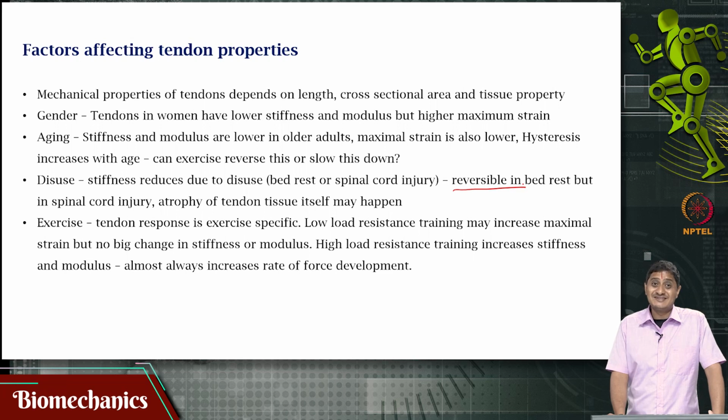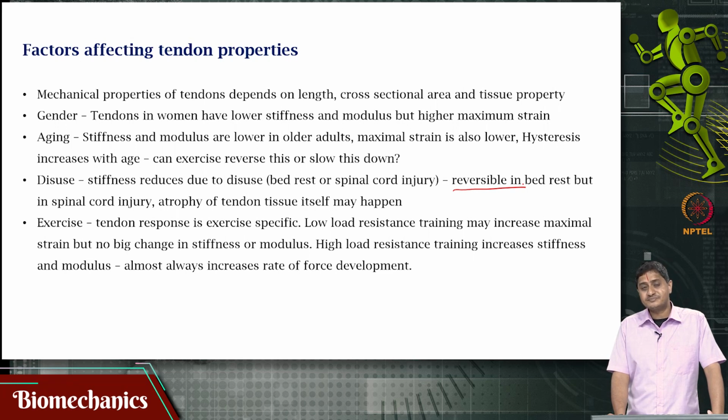If you are performing resistance exercises or strength training, weight training type of resistance exercises, at low loads this increases maximum strain, but it does not change stiffness or modulus.